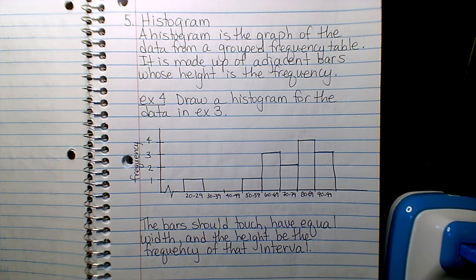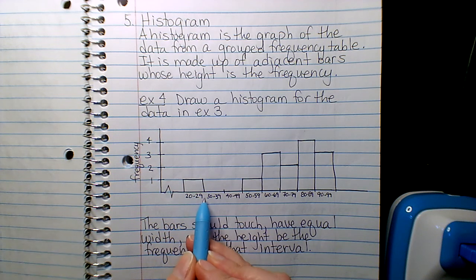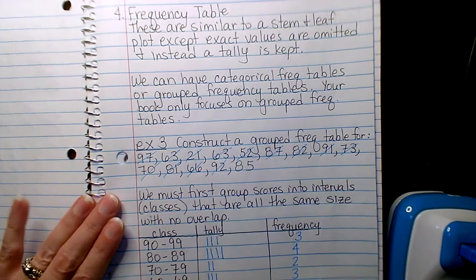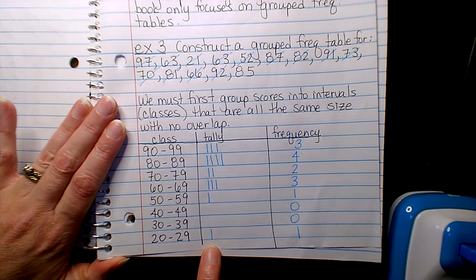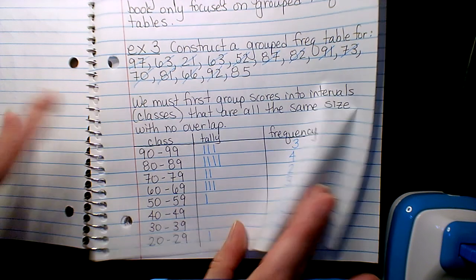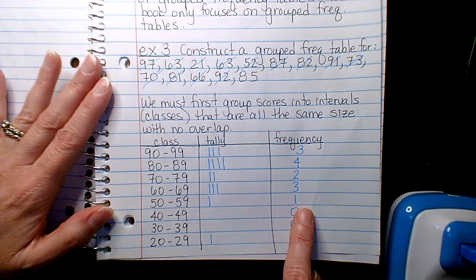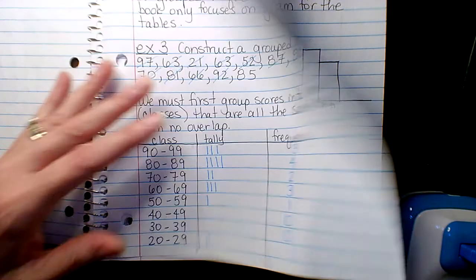The height of each bar is the frequency. So you'll see the interval from 20 to 29 has a height of 1. That's because that interval had a frequency of 1. Right here, 50 to 59, it's also at 1. 60 to 69, it's up here at 3.